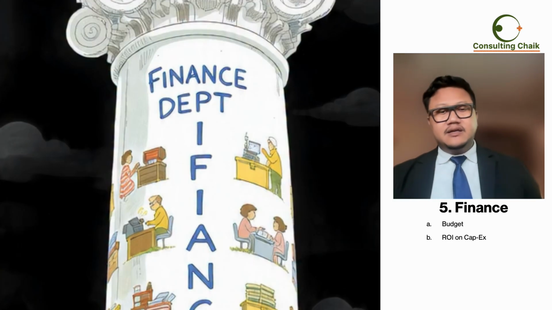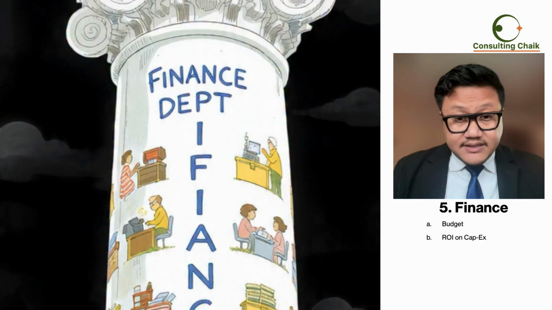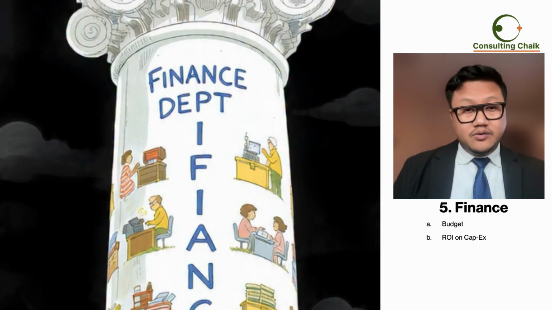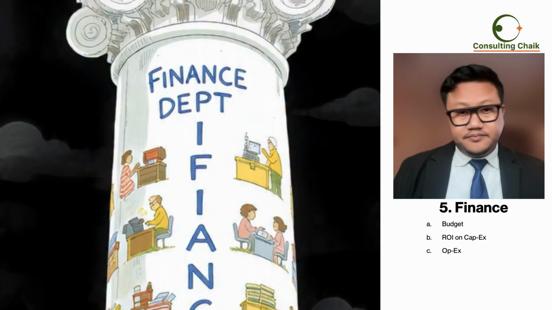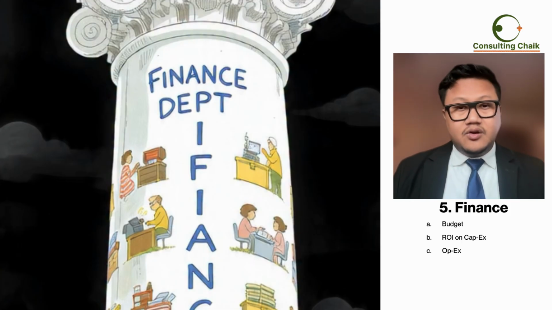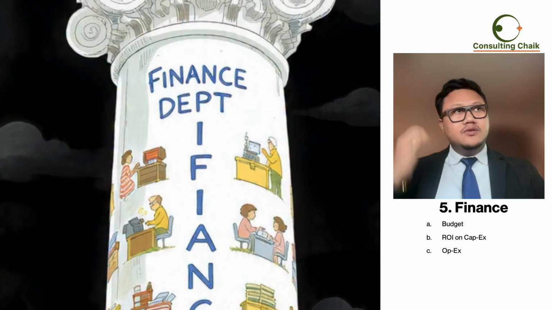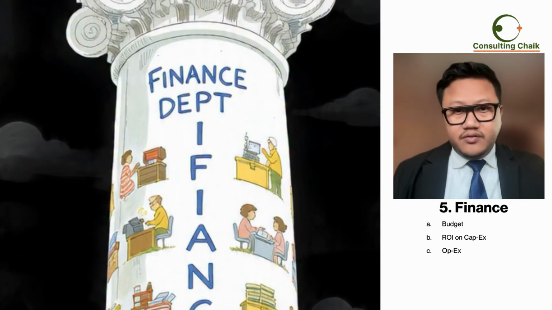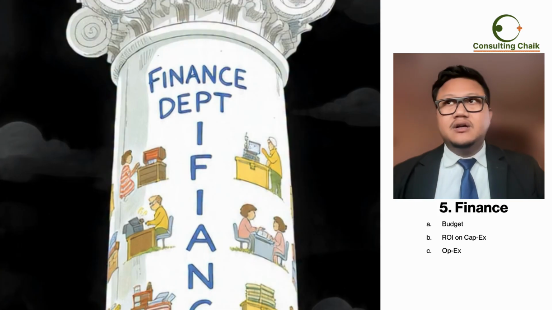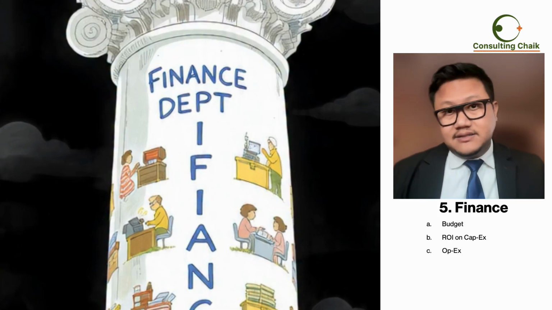ROI in capital expenses, like your equipment, are you getting those? Your OPEX, again, it is part of budget. Your operational expenses, you should have good control over that, and there should not be any kind of impulsive buys.